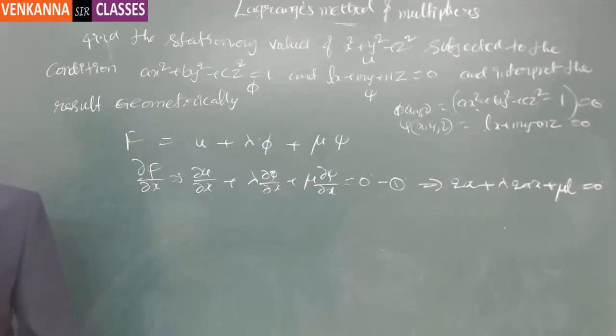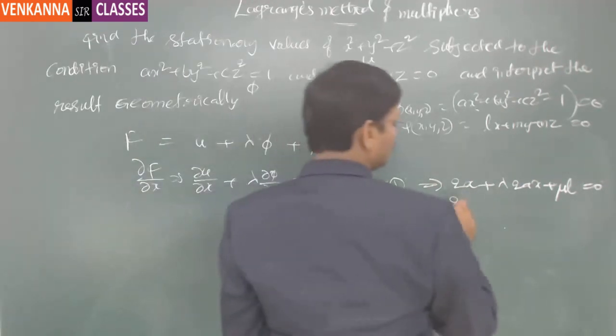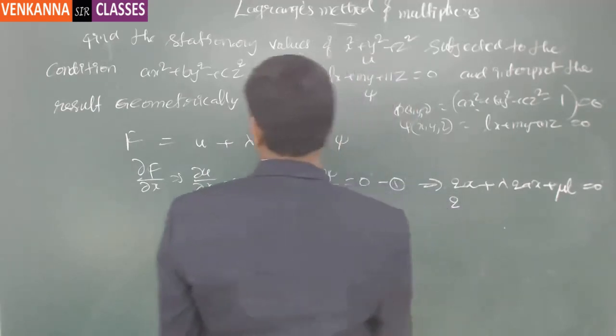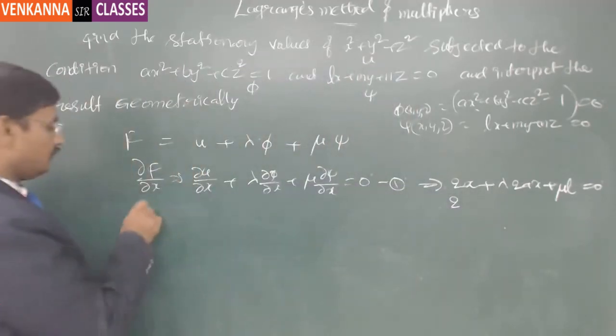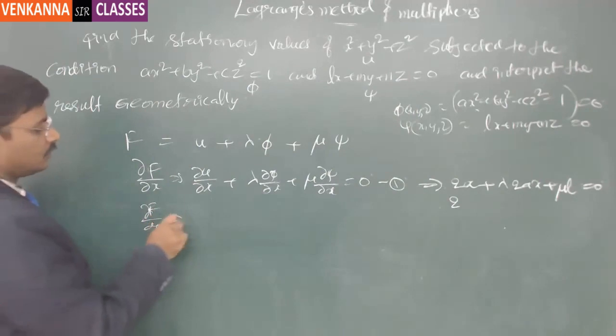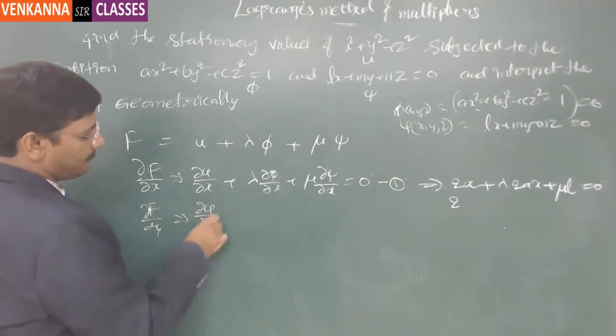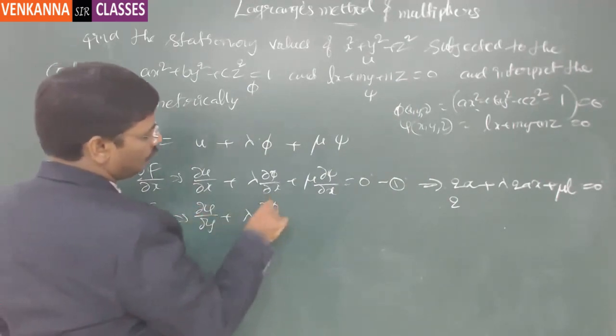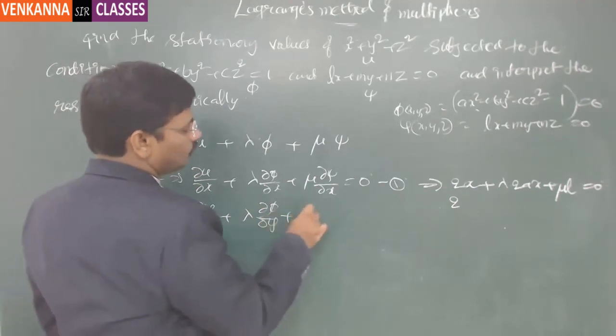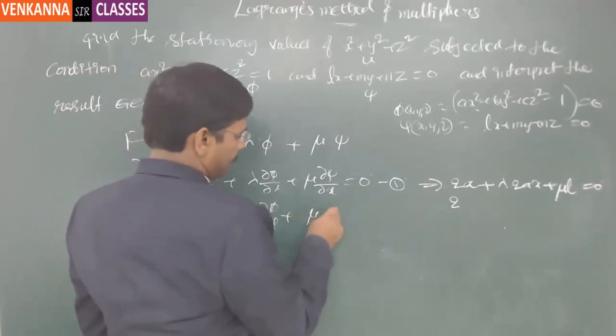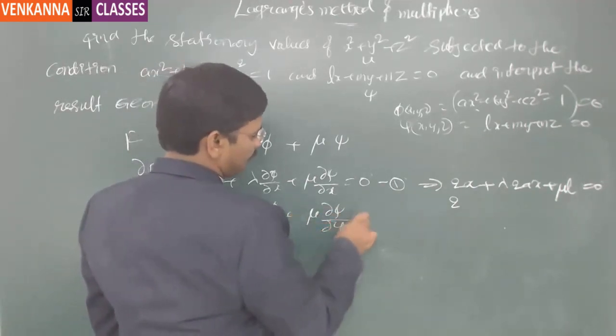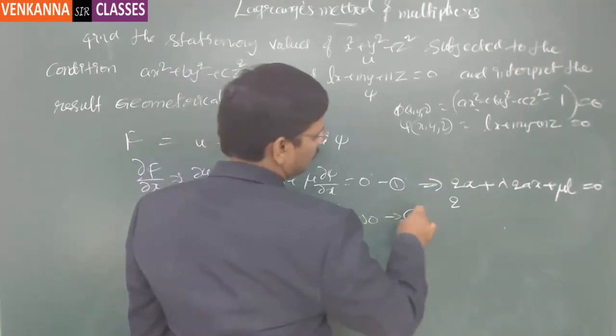So other equations you are writing. With respect to y, ∂f/∂y is equal to ∂u/∂y plus lambda times ∂phi/∂y plus mu times ∂psi/∂y, equal to 0. This is equation number 2.